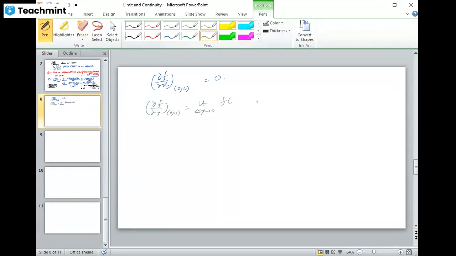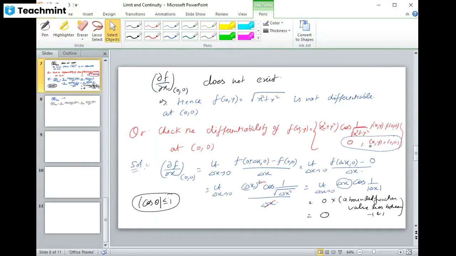So this is equal to limit delta y tends to 0, f(0, delta y) minus f(0, 0) upon delta y. Again, your function is defined so that when (x, y) is equal to (0, 0) the value of the function is 0, and otherwise its value is this one.